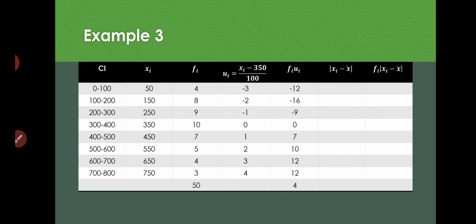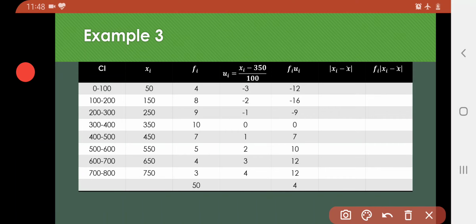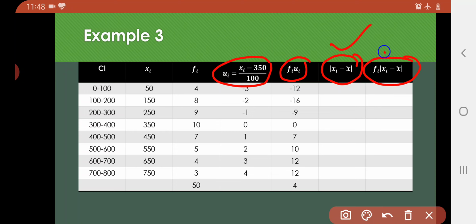So that is ci, xi, fi, then ui, fi ui, that will help me calculate the mean, and then again these 2 columns are obviously there. These 2 are going to help me to calculate the mean deviation. Now you can ask me, why did I use this?